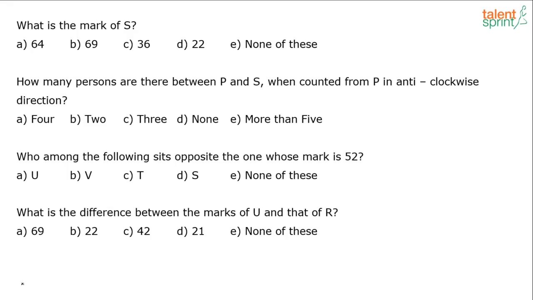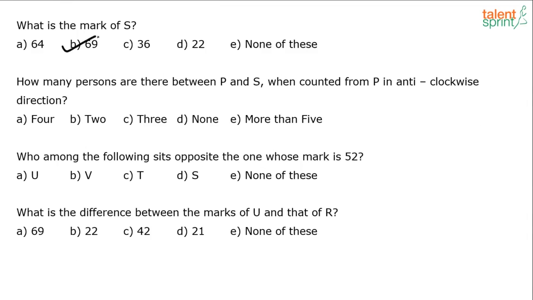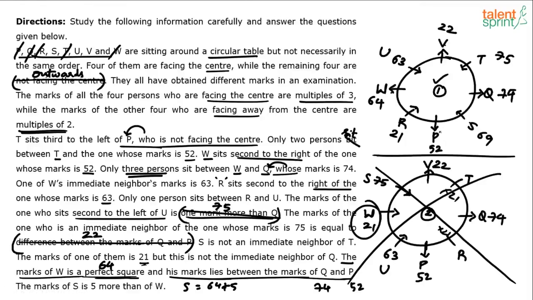Now answer the questions quickly. What is the marks of S? S has scored 69. How many persons are there between P and S when counted from P in anti-clockwise direction? Zero persons, because P and S are immediate neighbors.